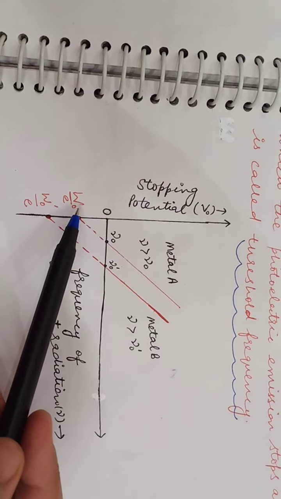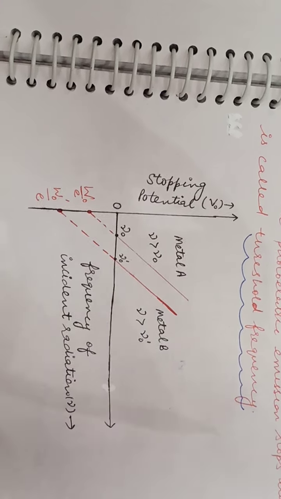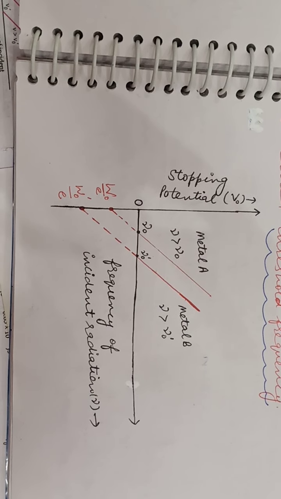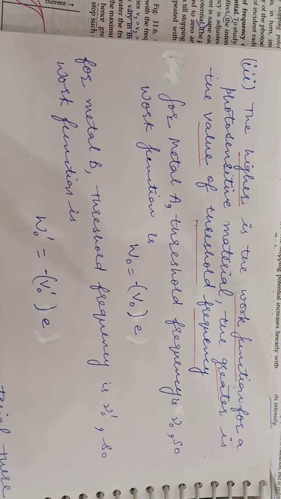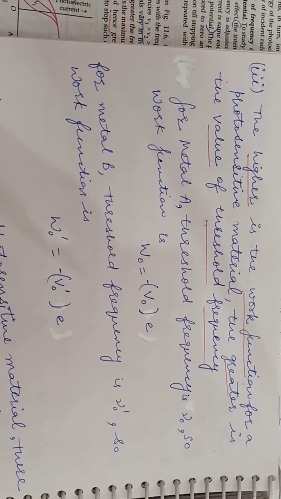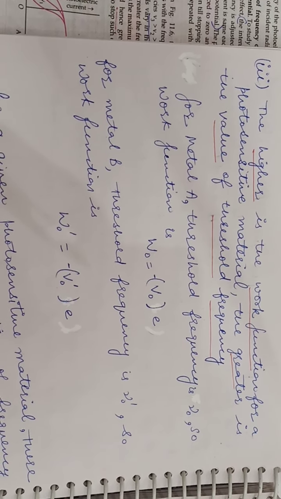And here W naught upon e represents the stopping potential for metal A, and W naught prime upon e represents the stopping potential for metal B. So next point is important. The higher the work function for a photosensitive material, the greater is the value of threshold frequency.